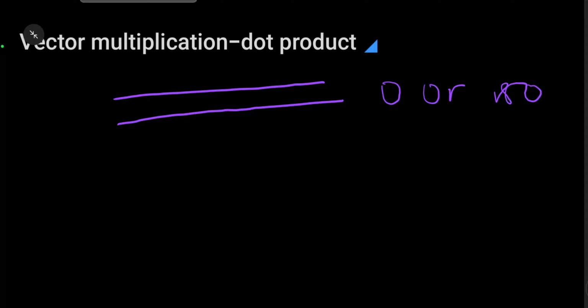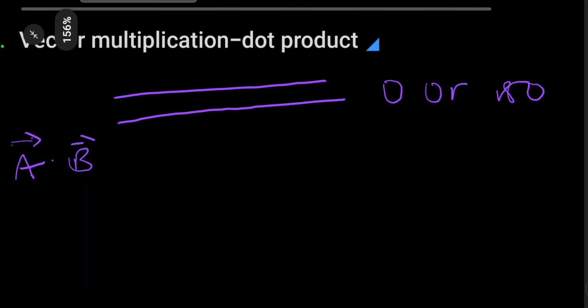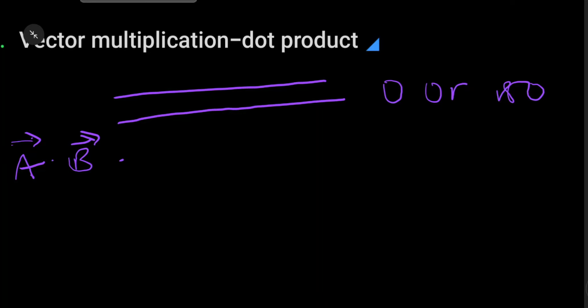So if we have two vectors, A and B, from our definition earlier, we have the product of the magnitudes and the cosine of the angle between them.